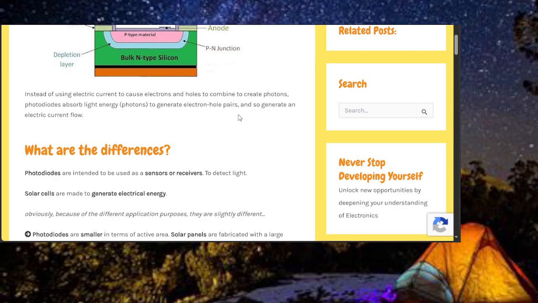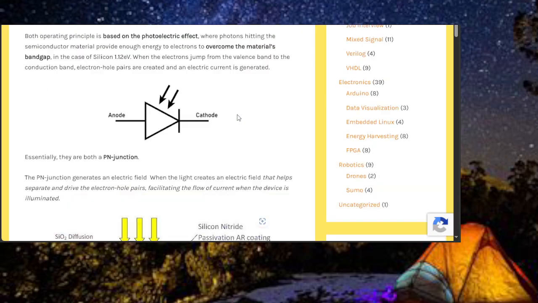Now, they're not really talking about an LED here. They're talking about something else, but we'll get to that in a moment.